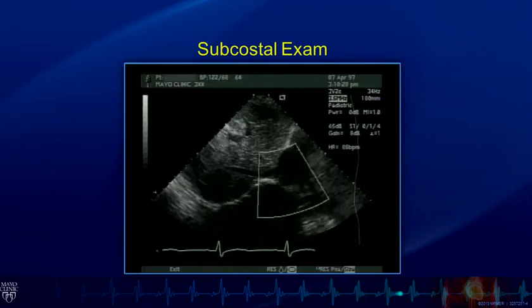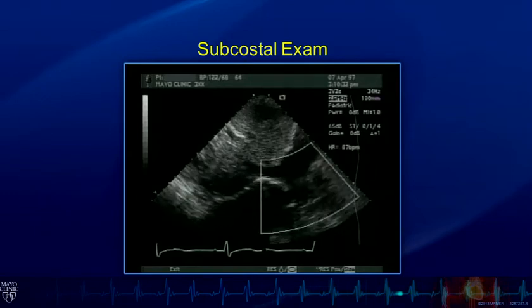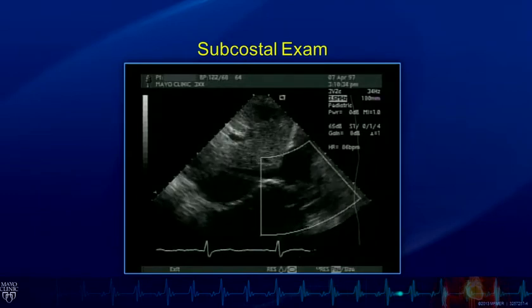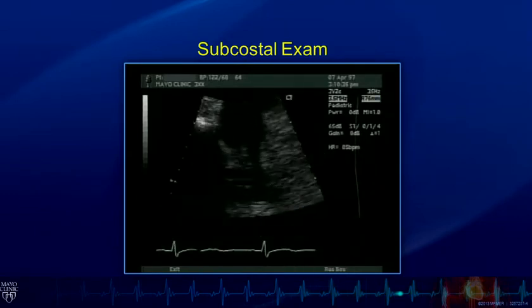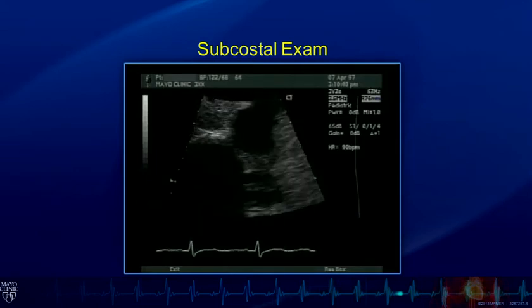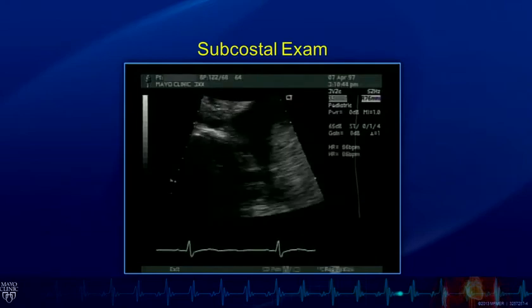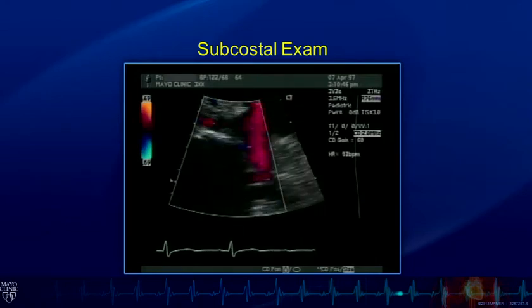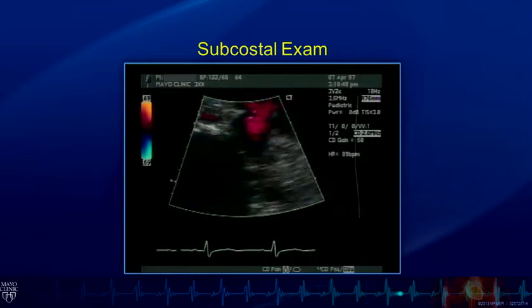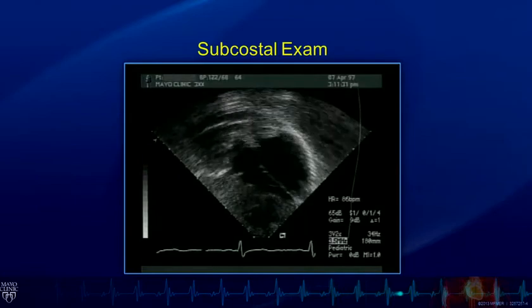Now we've moved a little bit more medially. We can see that the inferior vena cava is in view, and indeed the entire atrial septum can be viewed from a subcostal format, similar to the bicaval view that we identify by transesophageal echocardiography. So on the left side of your screen is the inferior vena cava. On the right side of the screen is the superior vena cava.